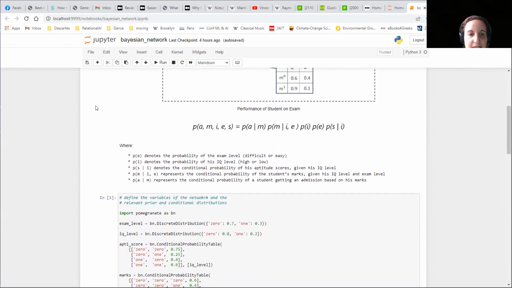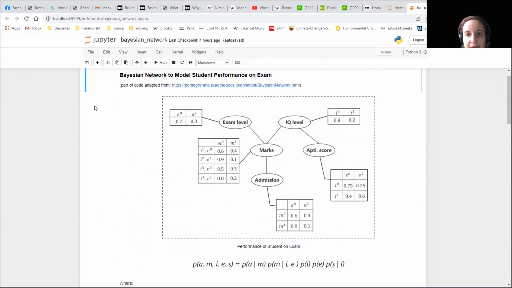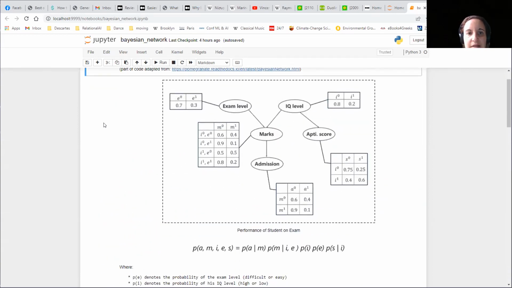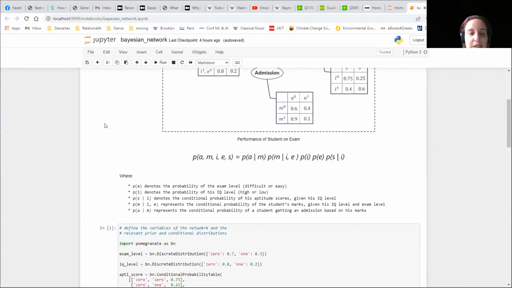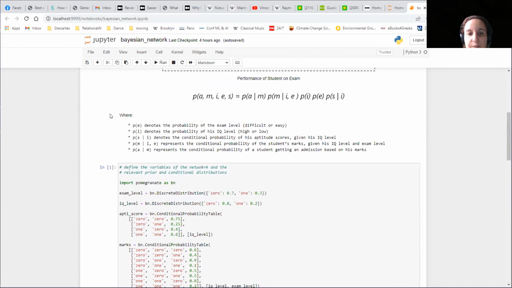Okay. So once we have that, there is some software that you can use in order to do simple inference. I use Pomegranate, which is good in the sense that you can define several discrete distributions.